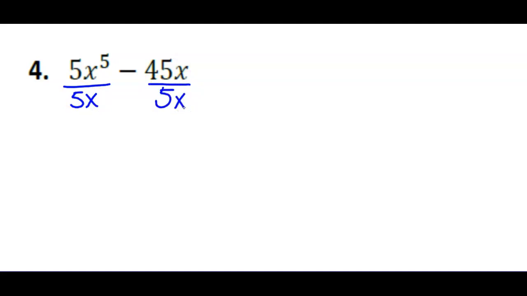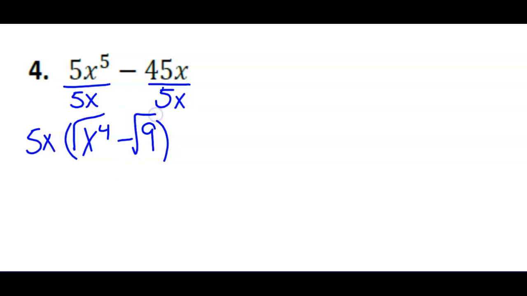If you divide this by 5x, what do you get? X to the 4th minus 9. Okay, now my 5x is still outside here. Okay, 5x times x to the 4th minus 9. Can we fix this? Sure we can. We could take the square root of this and the square root of this.